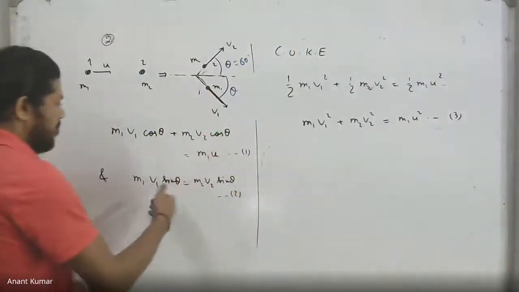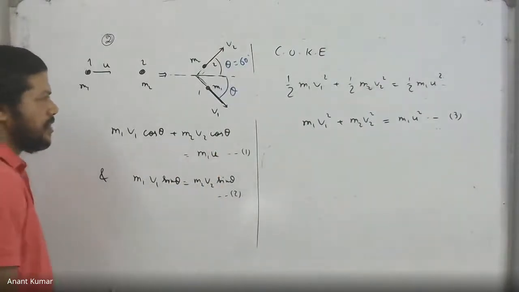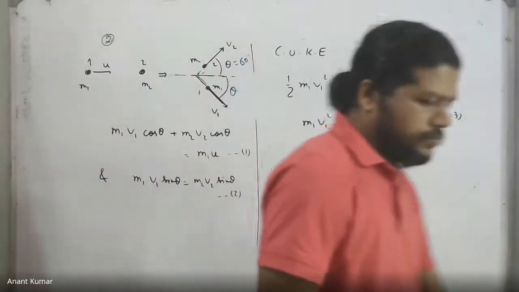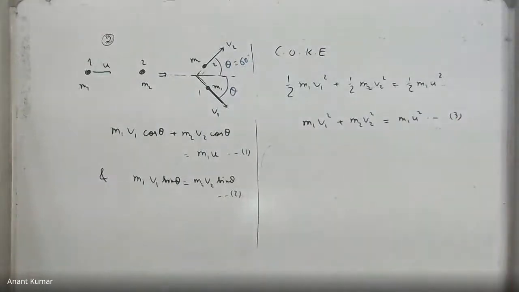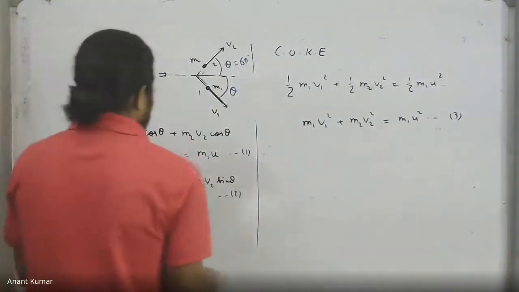Anyway, this one cancels out. I already have got m1 v1 equal to m2 v2. Utilize that over here in this case. m1 v1 is equal to m2 v2. I can put in the first equation. So it will be easy.